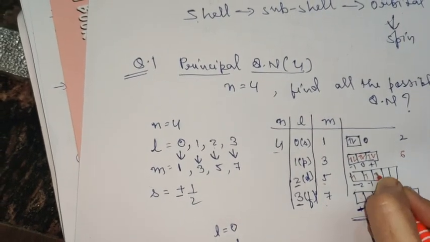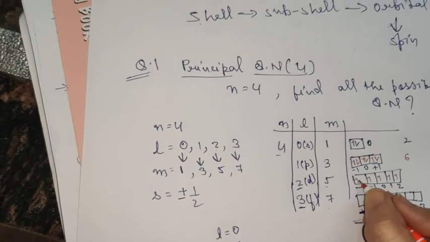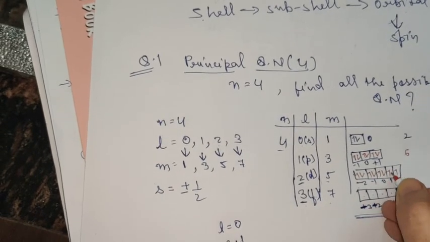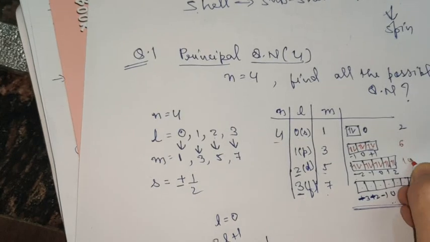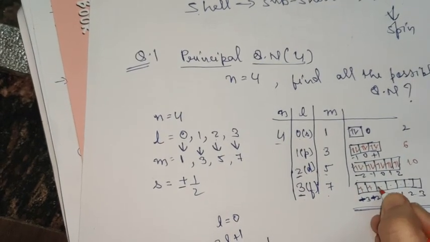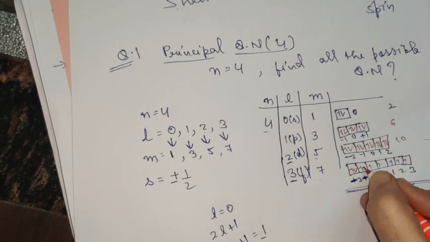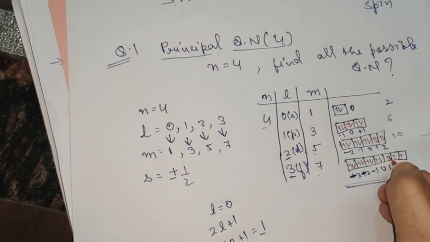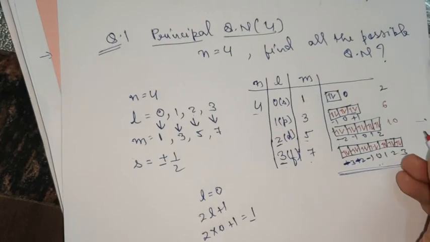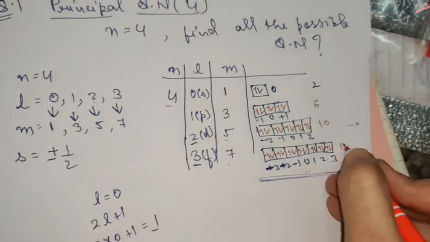Again 5 boxes means 5 orbitals means 10 electrons, so the maximum electron holding capacity is 10, and in this case it will be equal to 14. These are very important concepts, because this is introducing you to the basics of the quantum mechanical model.